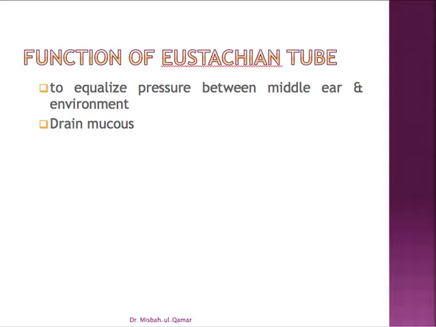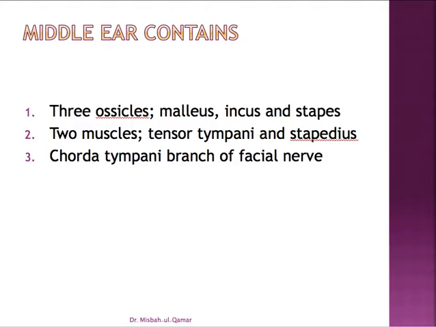So it performs mainly two functions. It acts to equalize the pressure between the middle ear and the environment, and also drains mucus. So, what other structures does your middle ear contain?